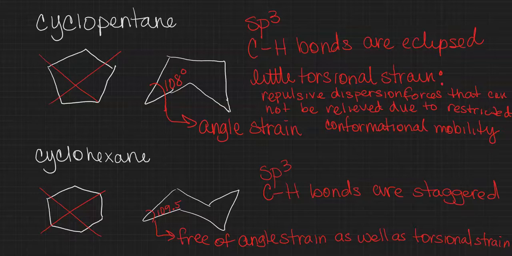So the more stable ring out of a 3, 4, 5, and 6 member ring would be the cyclohexane. And that is because it is free of angle strain, it is free of torsional strain, and because the carbon-hydrogen bonds are staggered.